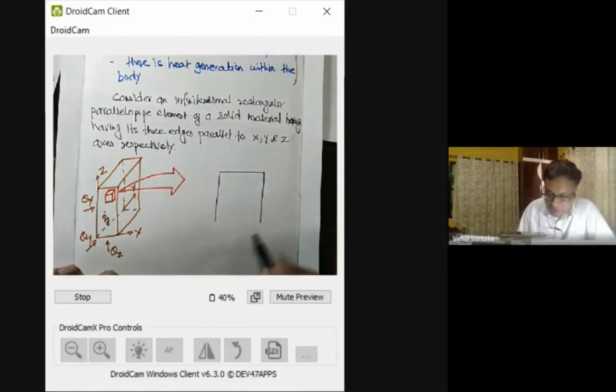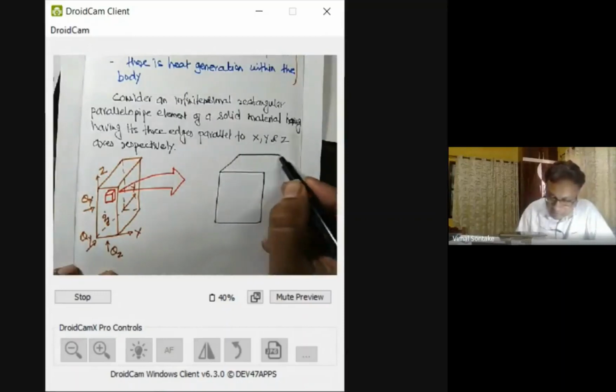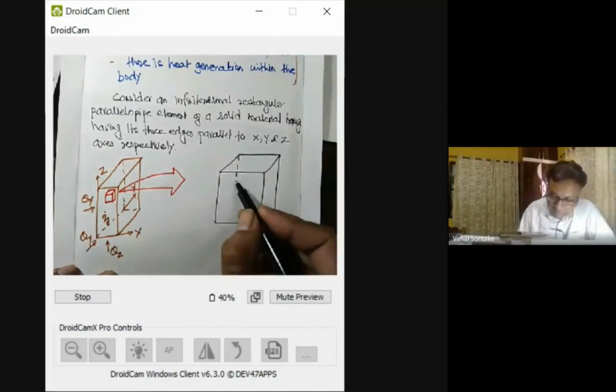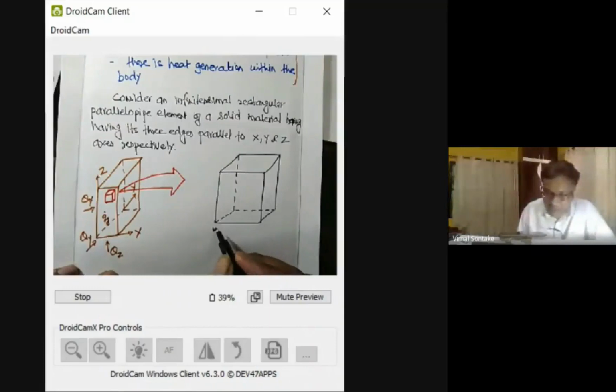So let us draw the parallelopiped. Let us say dimensions of these three dimensions of this parallelopiped element of this solid wall are dx.